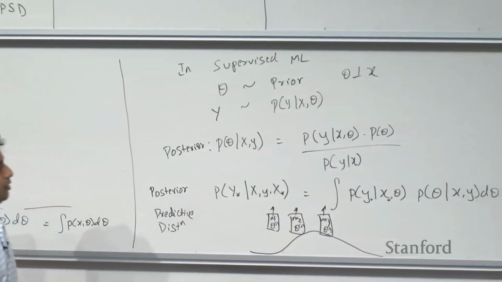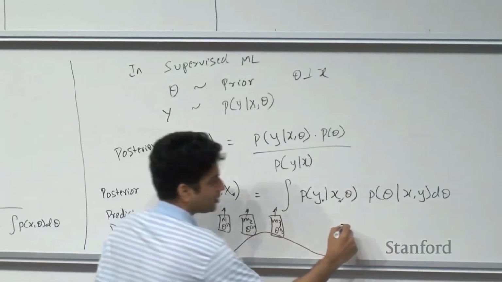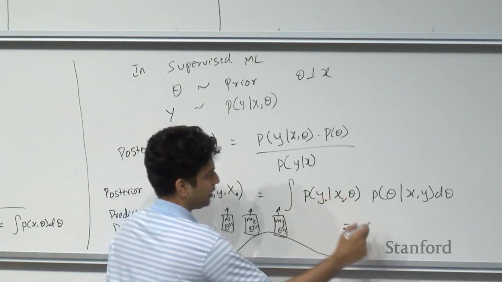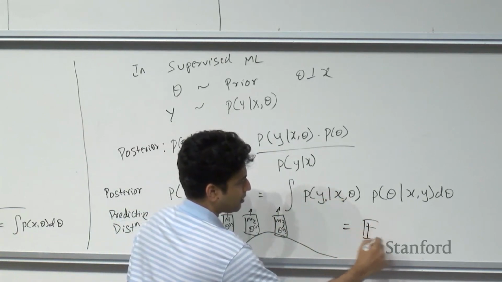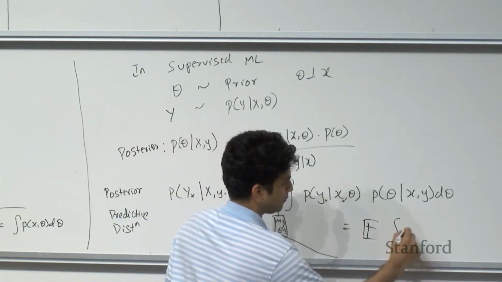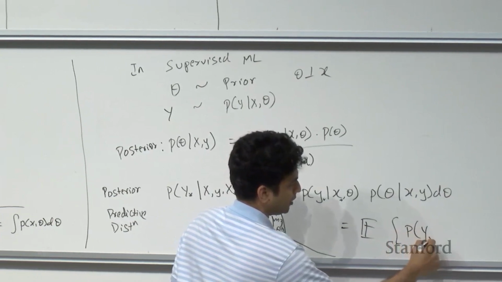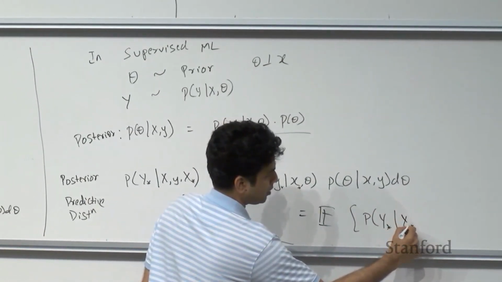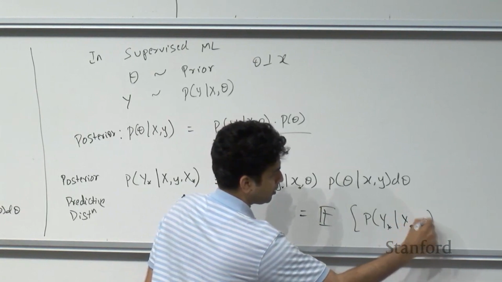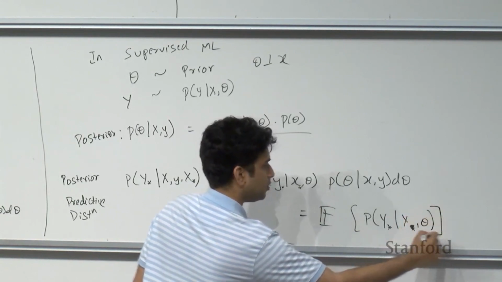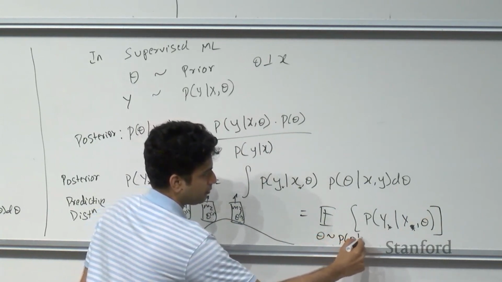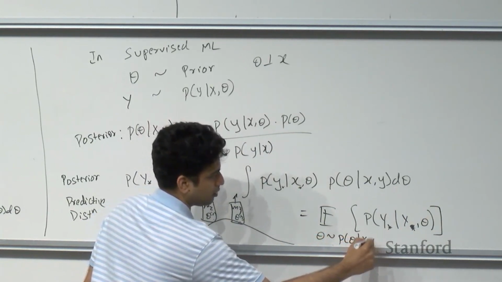So you want to think of the predictive distribution as the expected value of p of y star given x star comma theta, where theta is sampled from p of theta given x, y.